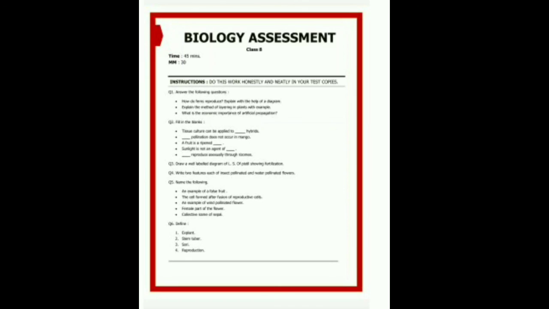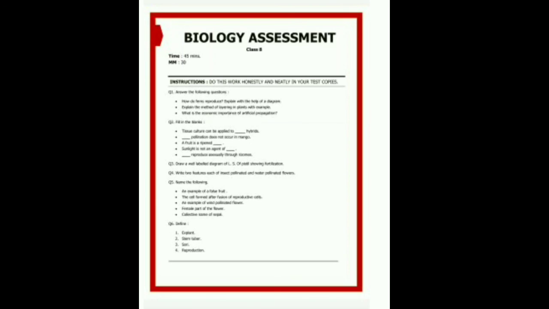The underground stem of the potato is called a stem tuber. Is it clear? Next is sori. That is, in ferns, the spores are found in the clusters of sporangia called sori.